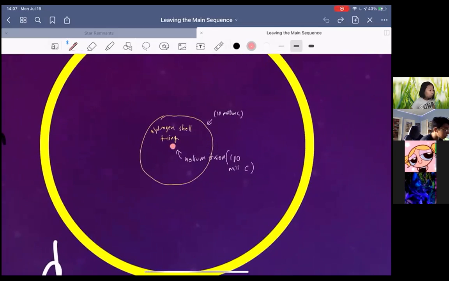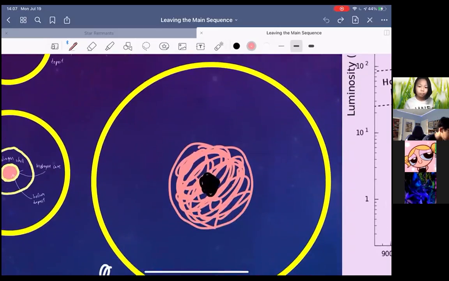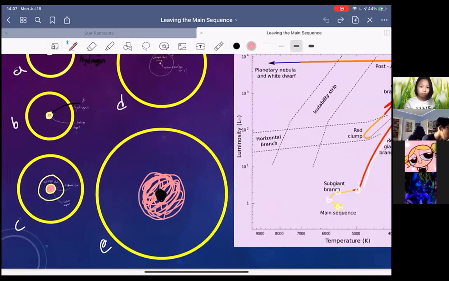As the hydrogen burning shell continues to fuse, eventually the core completely runs out of hydrogen. It's no longer fusing hydrogen, so it collapses even further, making the star even bigger. But that also means that the core can now fuse helium. And this just continues over and over.